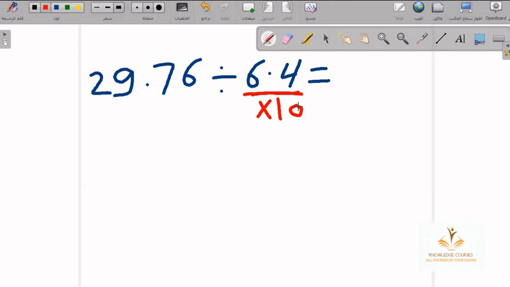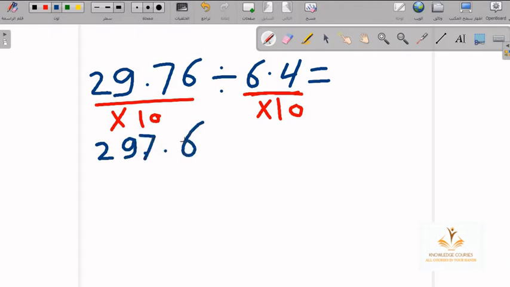And when we multiply the divisor by 10, we must multiply the dividend also by 10. That's equal to 297.6 divide 64. 64 is a big number.